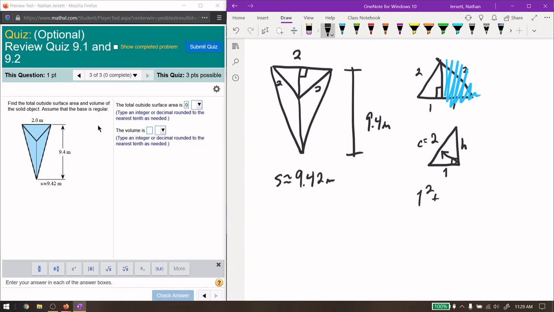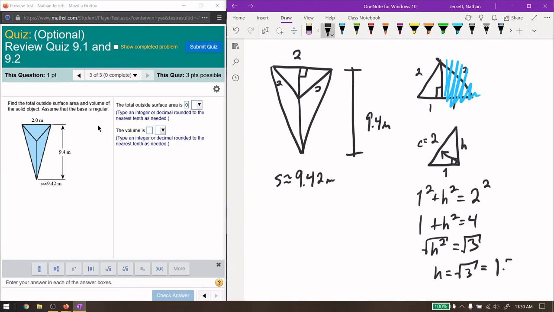We have 1 squared plus h squared equals c squared, or 2 squared. 1 plus h squared equals 4. And h squared, if you subtract the 1 to the other side, equals 3, or h equals, take the square root of both sides, the square root of 3, which equals approximately 1.732, and it continues on indefinitely. So that's the height of the base.